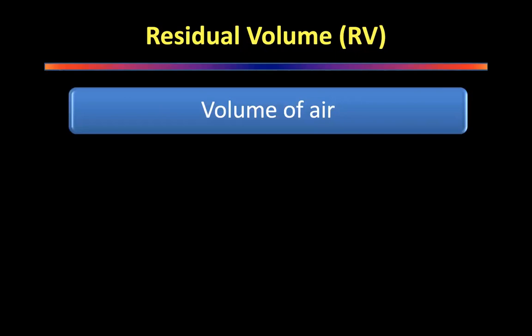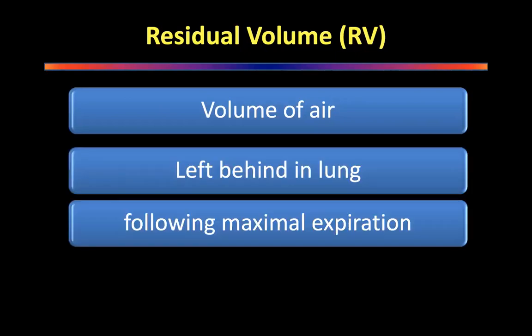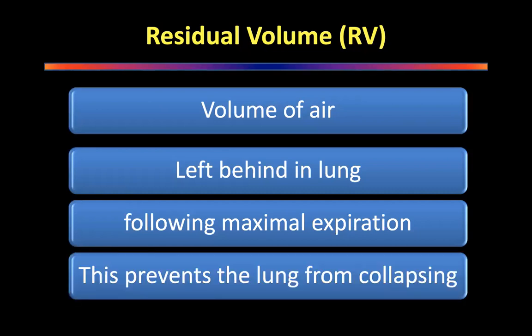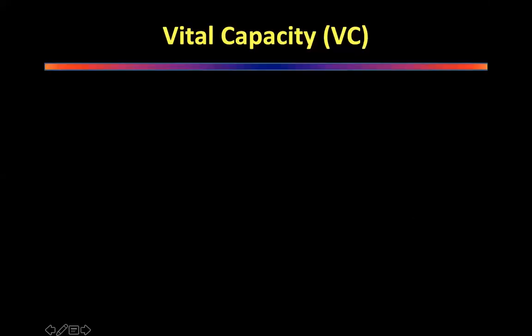So residual volume is the volume of air left behind in the lung following maximal expiration. This prevents the lung from collapsing. Everything that is green is residual volume. Blue is expiratory reserve, purple is tidal volume, and beige is inspiratory reserve volume.